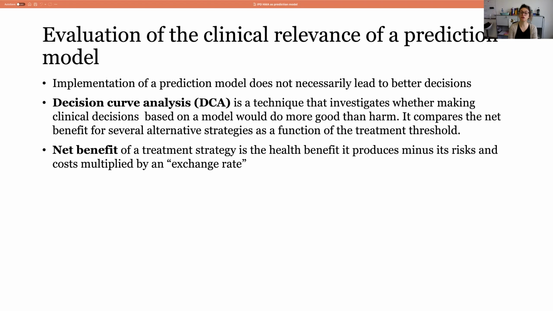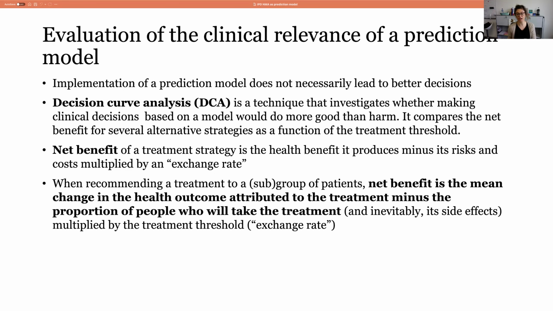The net benefit of a treatment strategy is the health benefit it produces minus the risk that it entails and cost multiplied by an exchange rate. And this exchange rate is associated with a treatment threshold.